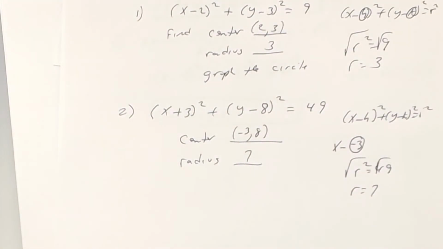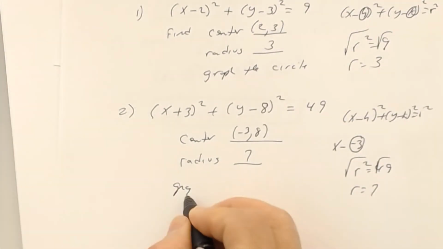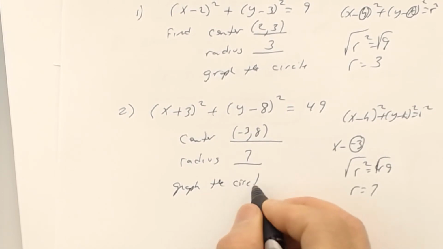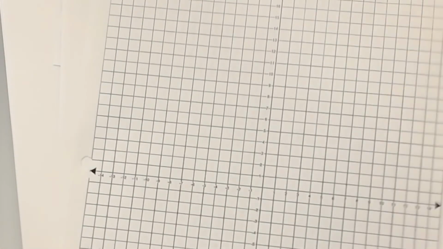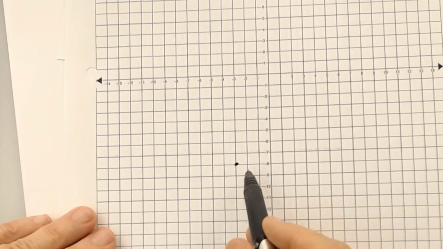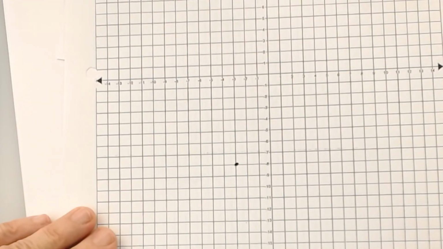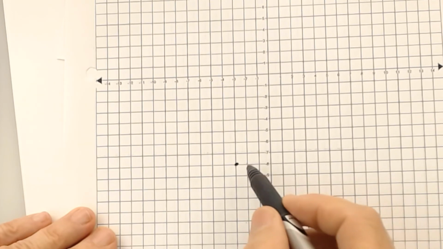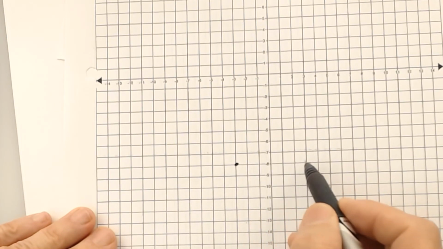All right, use the big one because there aren't enough grids on the small one for this. To graph, you do the center first. So that's negative 3, 8, right here. And then use the radius to help you draw the circle. What's the length of the radius? 7. So you go 7 units from the center. Go 7 units to the right: 1, 2, 3, 4, 5, 6, 7.